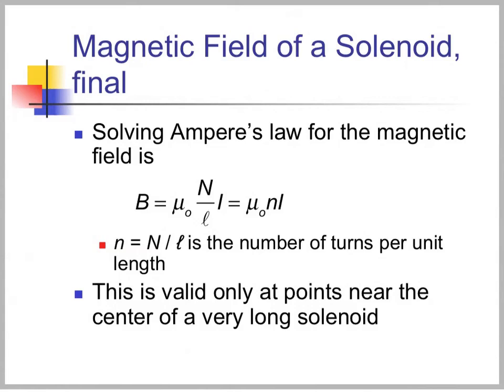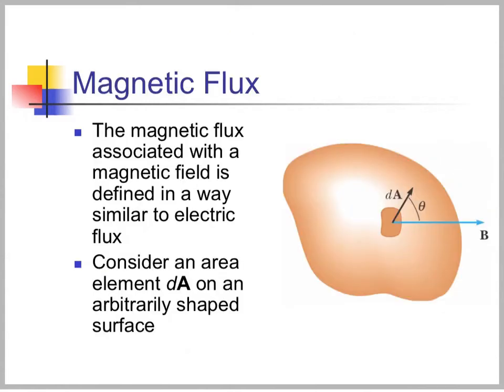Now, as we did with electric fields, we talked about electric flux, and remember, flux is the number of lines through a surface. So the magnetic flux associated with magnetic fields is defined in a similar way. We consider an area element, dA, on an arbitrarily shaped surface.